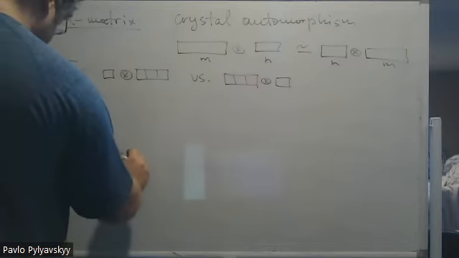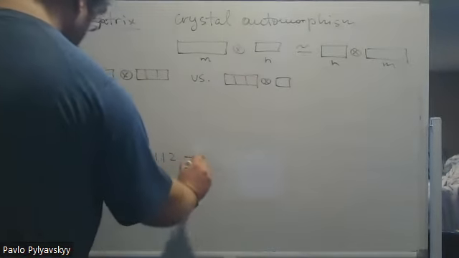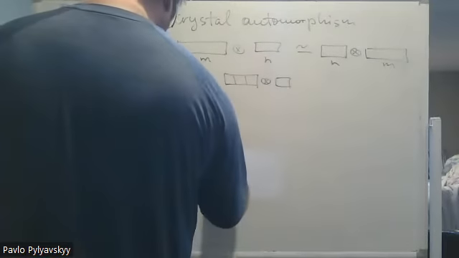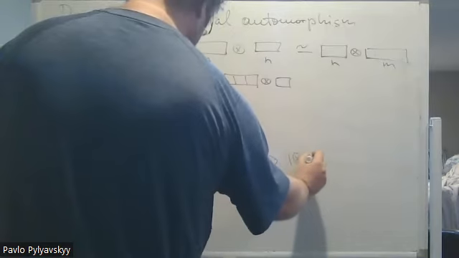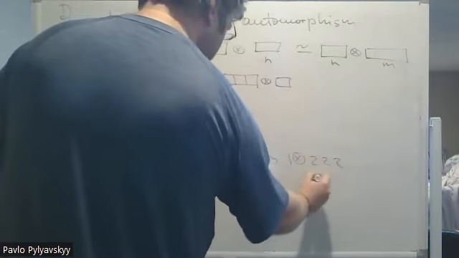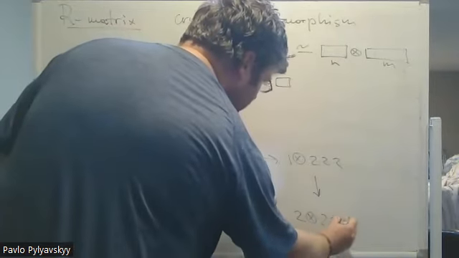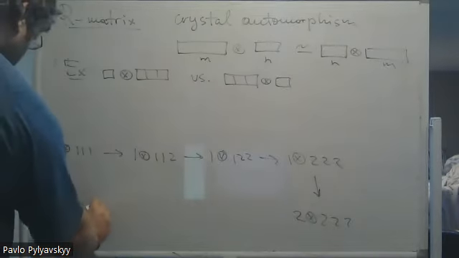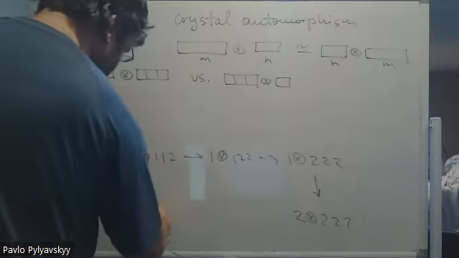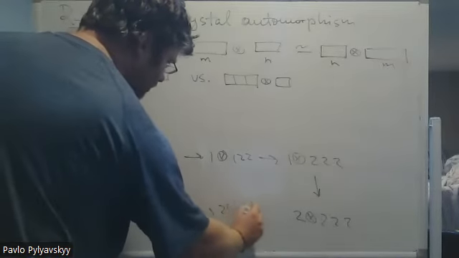Or maybe I'll just write arrows right away too. 1 tensor 1,1,1; 1 tensor 1,1,2; 1 tensor 1,2,2; 1 tensor 2,2,2. Then 2 tensor 1,1,1; 2 tensor 1,1,2; 2 tensor 1,2,2, and that's it.